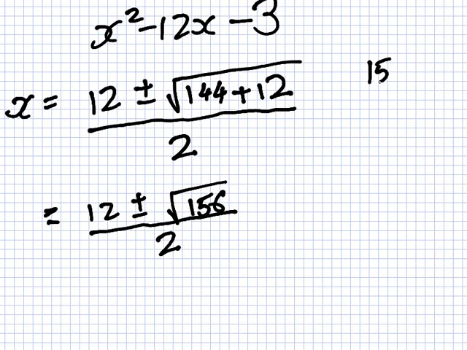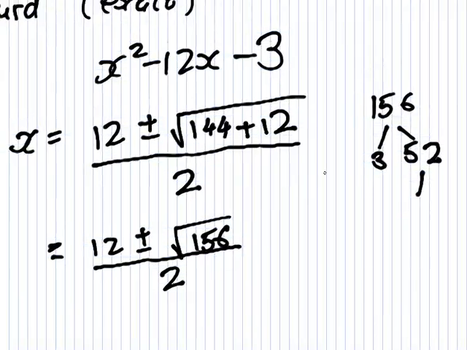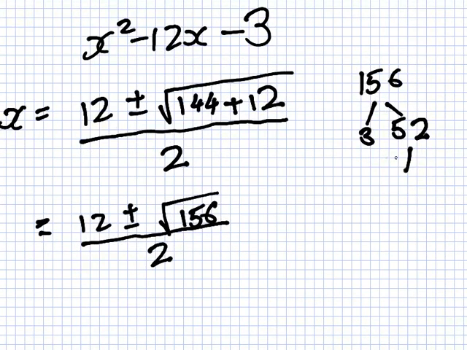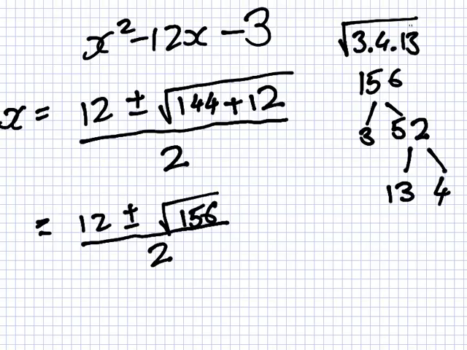Let's break it down. 156, that would be 3 and 52. And 52 is 13 and 4. Great. So this will be square root of 3, 4 and 13, is it?